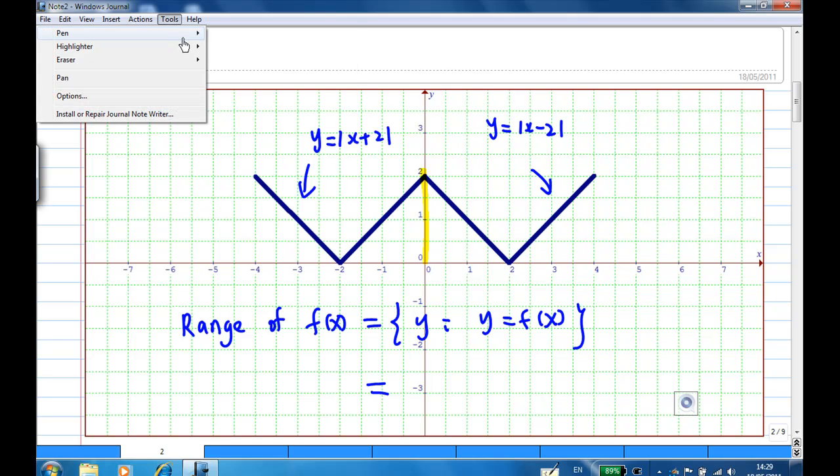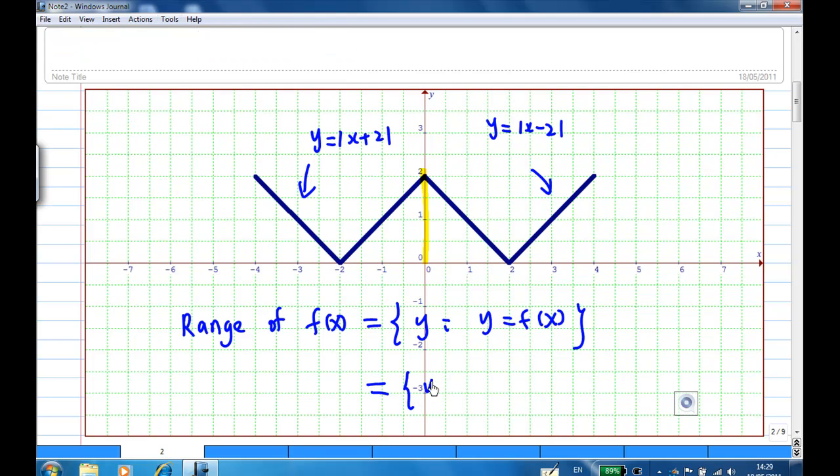So this is a set of values from 0 to 2, including 0 and including 2. In terms of interval notation, this is 0 included and 2 included. This will answer the second part.